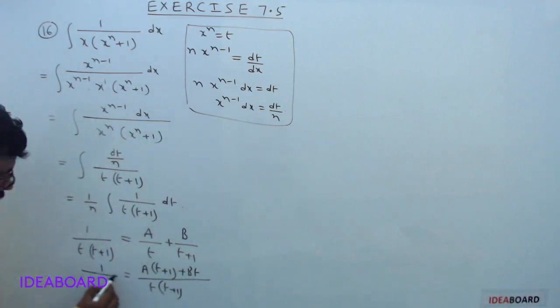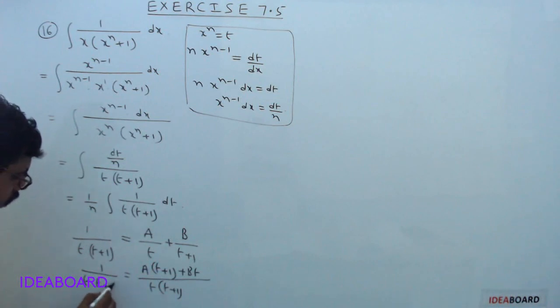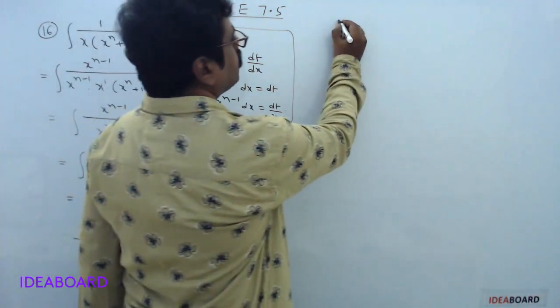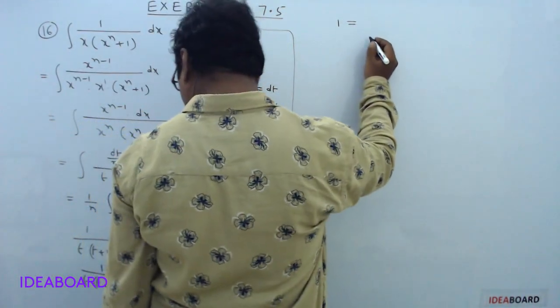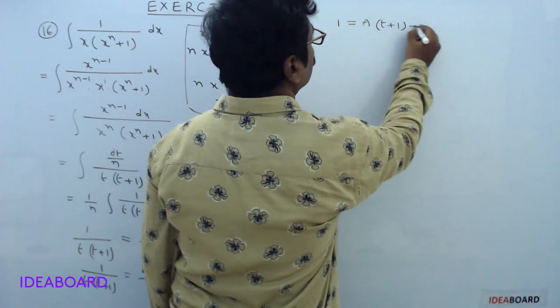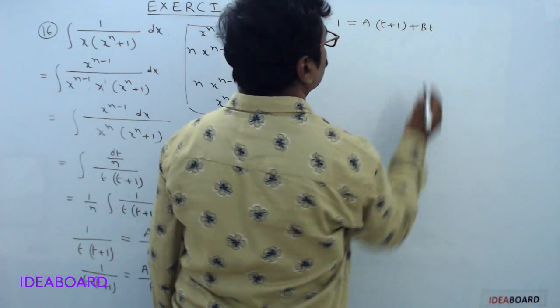Carry the LHS value as it is, 1 divided by t into (t + 1). Now cancel the denominators on both sides. Then the remaining expression is 1 equals a into (t + 1) plus b into t.